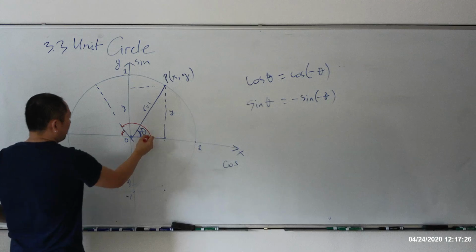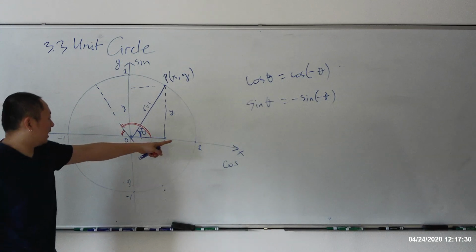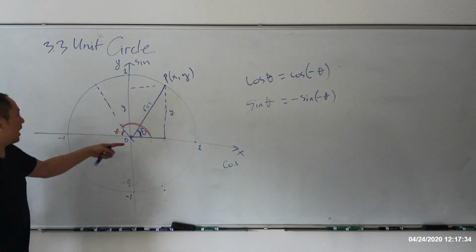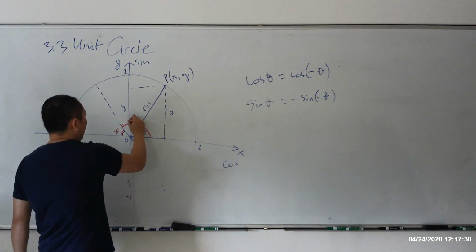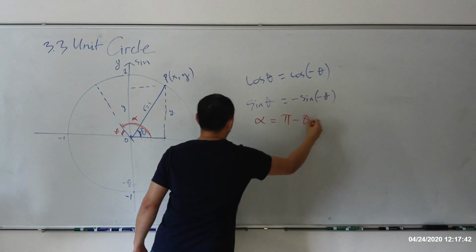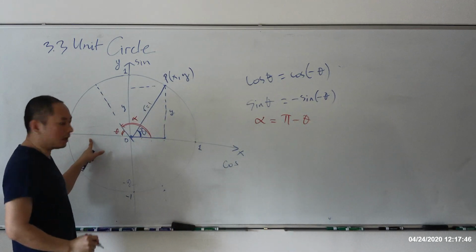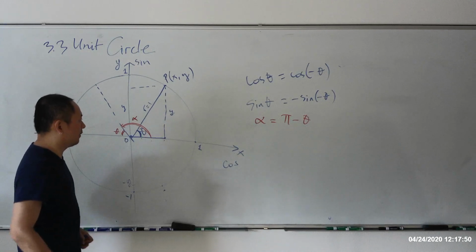So the angle from here to the red one is 180 degrees minus theta. If I use radians, it's going to be pi minus theta. This is called angle alpha then. Alpha is equal to pi minus theta. The whole thing from here to here is 180 degrees, then subtract theta, you get the angle alpha.